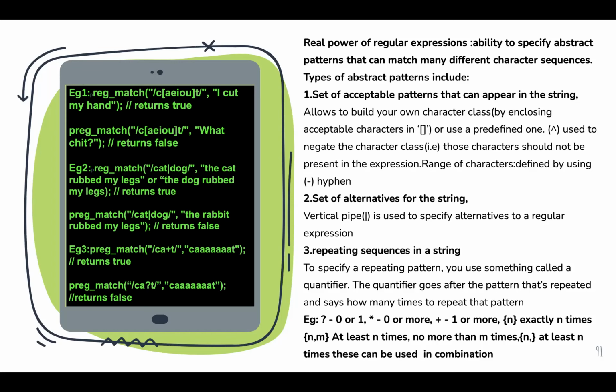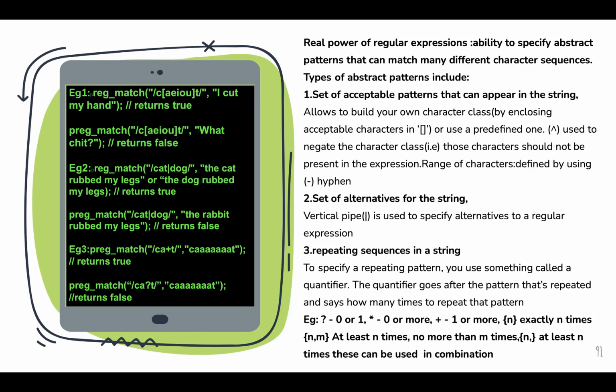In the same way, a range of characters can be defined by using a hyphen symbol. If we take an example of matching a regular expression which starts with C, ends with T, and needs to have a vowel in between, and we take the expression "I cut my hand", that will return true because cut starts with C, ends with T, and has U in the middle, and U is a vowel.